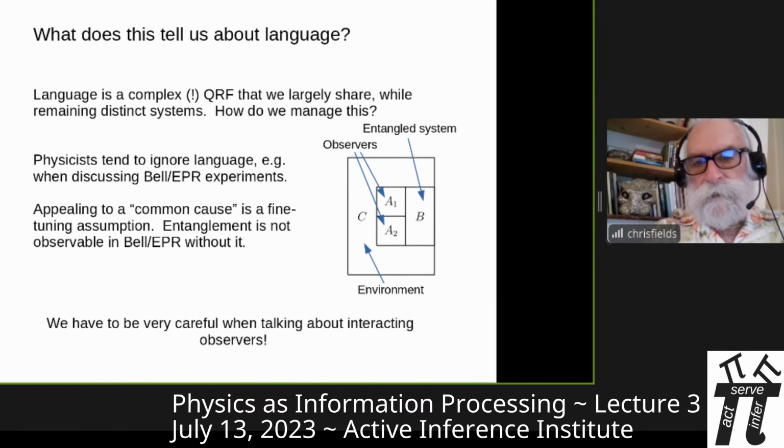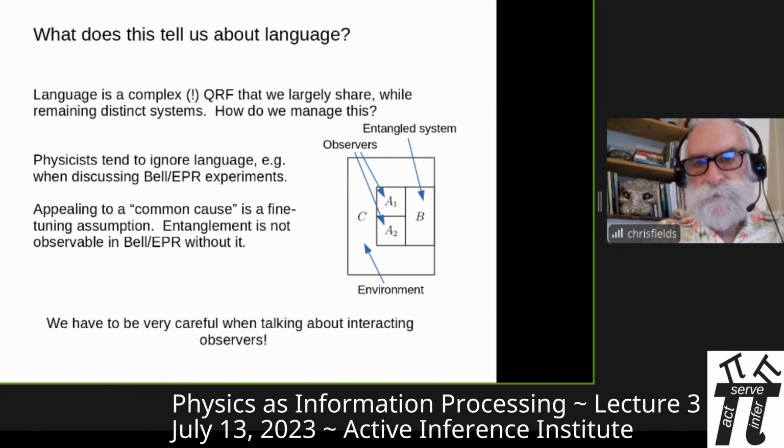And that's a case of fine-tuning. The universe seems fine-tuned in a way that allows us to exist. And if it wasn't fine-tuned in that way, we wouldn't exist, and so we wouldn't observe anything. But fine-tuning assumptions are a problem. They're a pointer to something we don't understand.